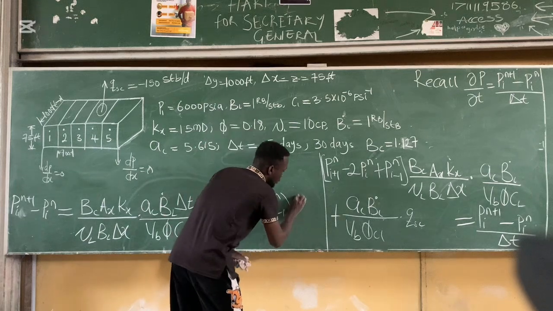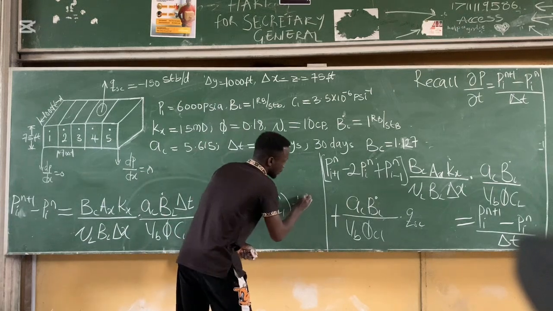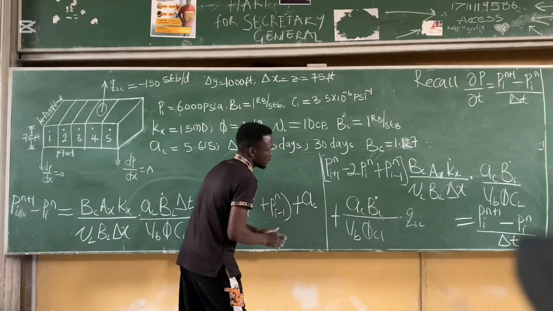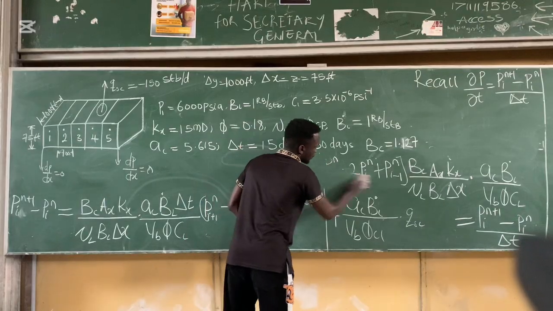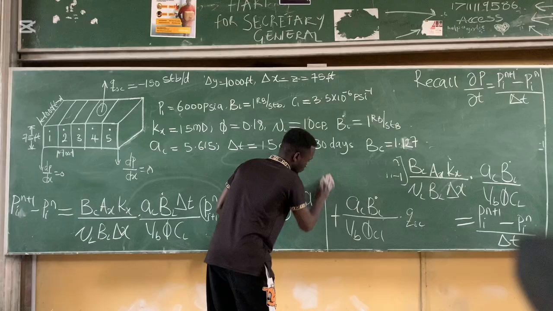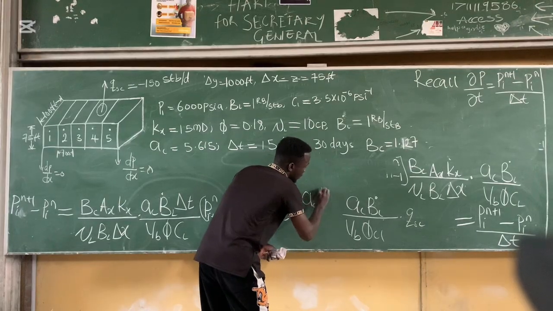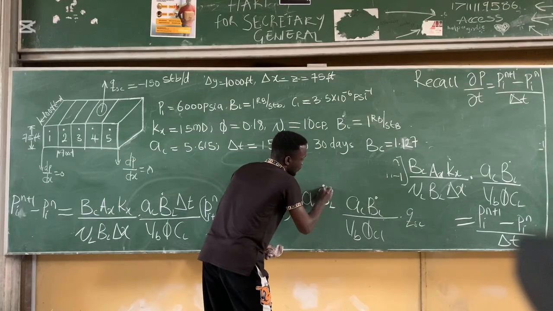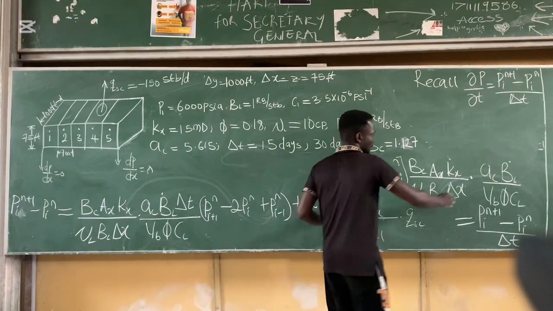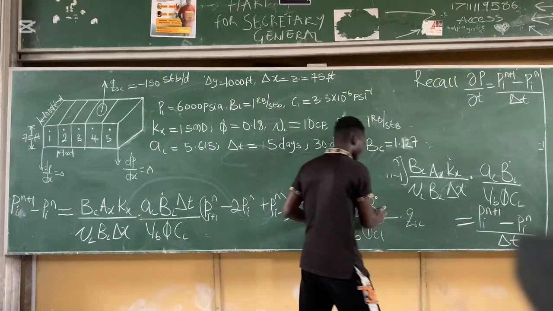So this will be plus A_c B_L dot. Now remember that the delta t multiplies this one, it also multiplies this one.